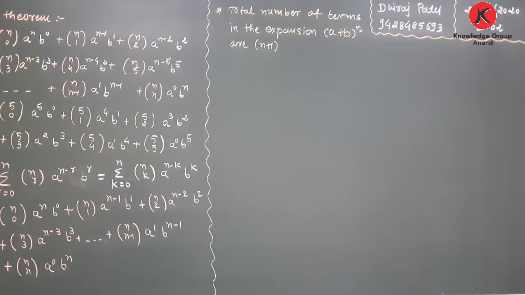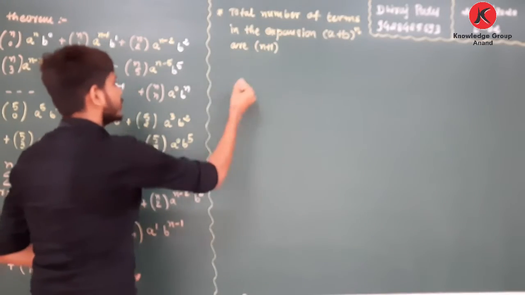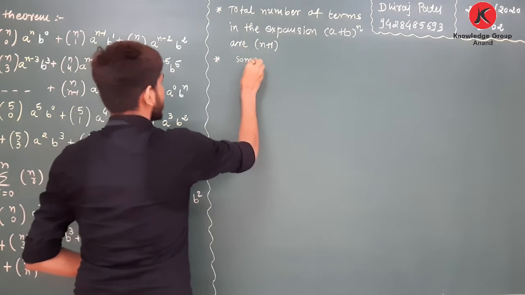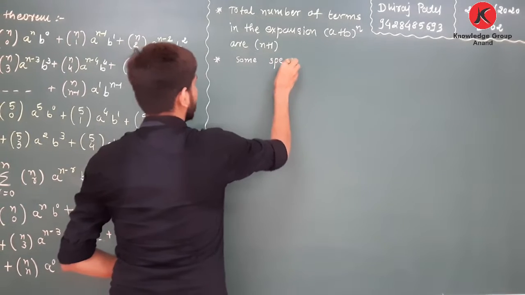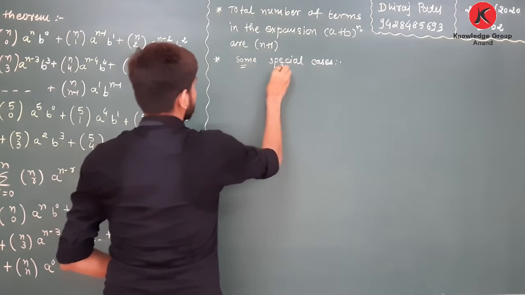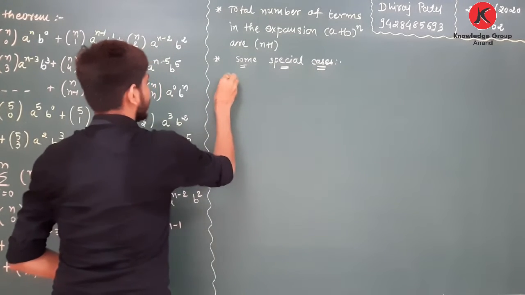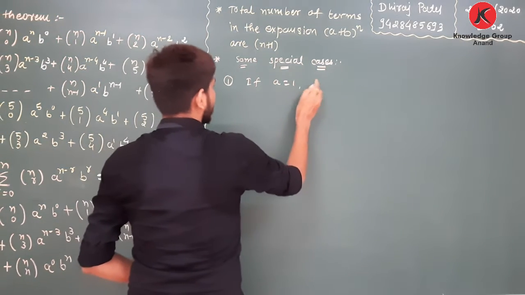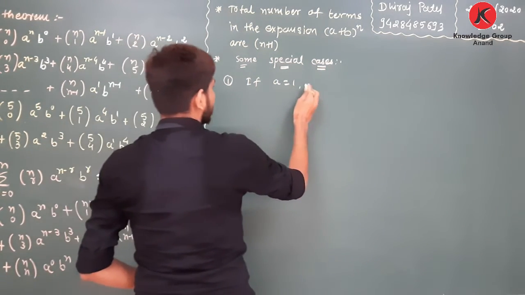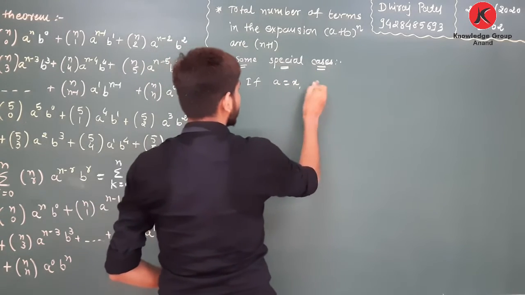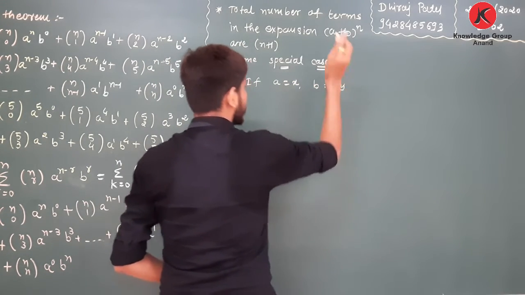Now we are going to discuss some special cases. First case: suppose a equals x and b equals −y.